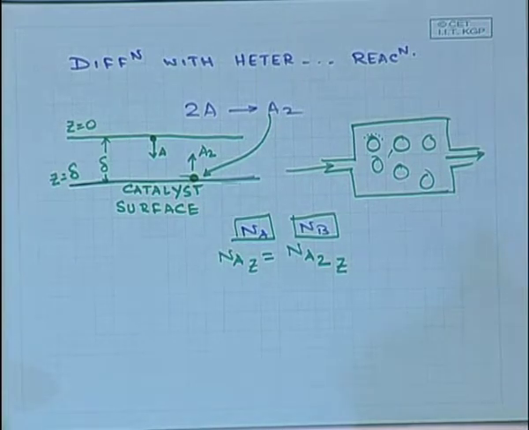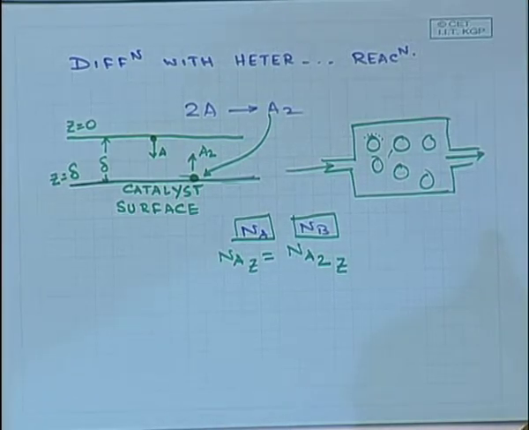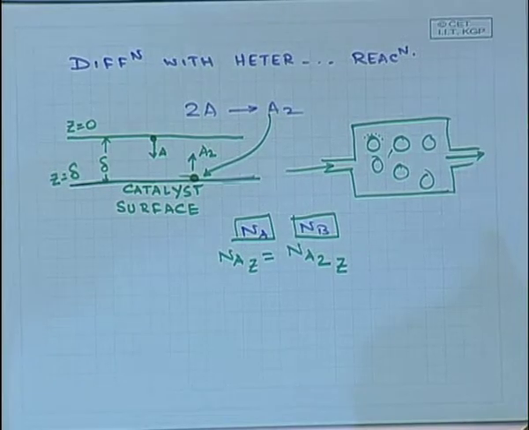Moles of A and moles of A2 are not equal at the catalyst surface. For each mole of A2 produced, 2 moles of A are going to get destroyed. So, one is going to be half of that.